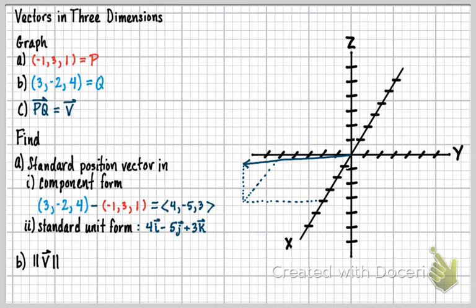So we have this vector here, and if we look at these values, this side here is going to be negative 5, but I'm just going to call it 5 here, just so we can get an idea of these numbers themselves. And then this side here is actually going to be 4.